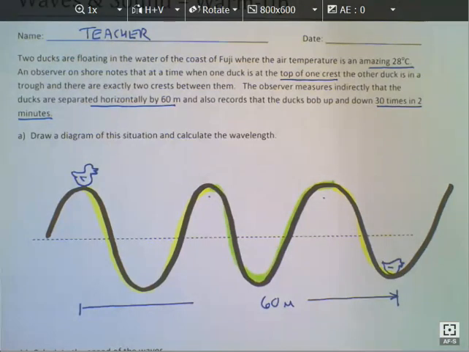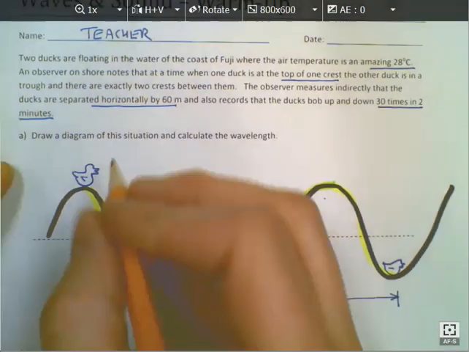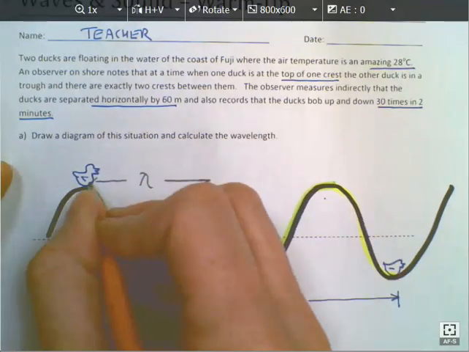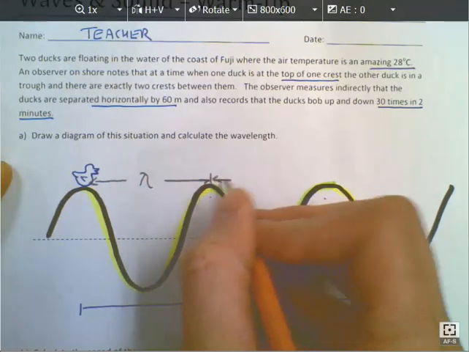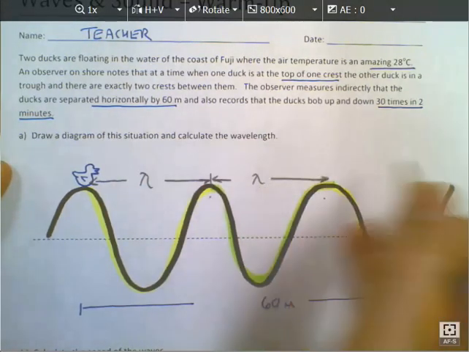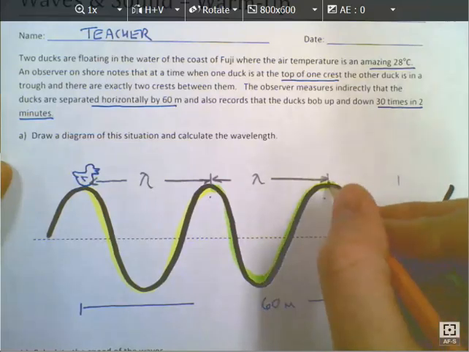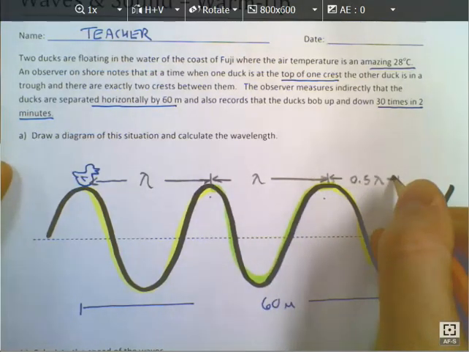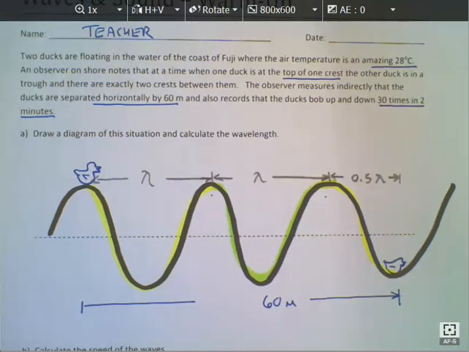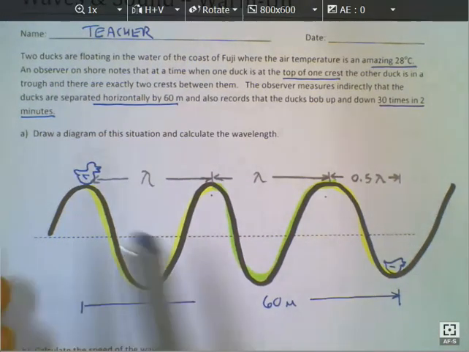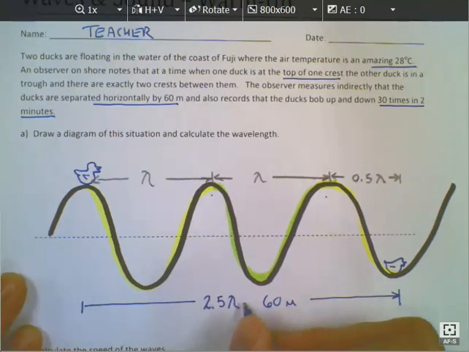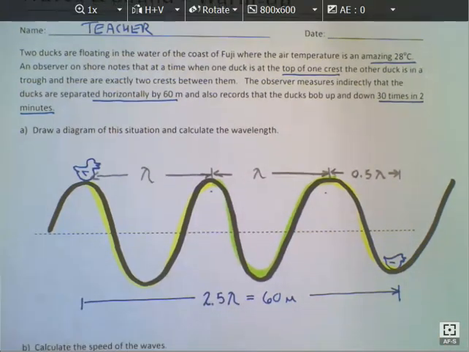Then the last one is right down to here. So what you'll notice is that we've got a wavelength from here to here, a wavelength from here to here, and from here to here we have half a wavelength. So in total, we know that between the two ducks there are 2.5 wavelengths, which must be 60 meters.